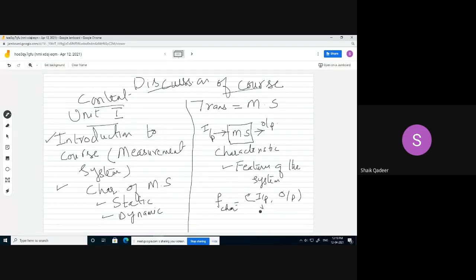The other name of input is excitation, and the other name of output is response. So characteristics is a function of excitation and response, or input and its corresponding output. Is it clear? Yes, sir.